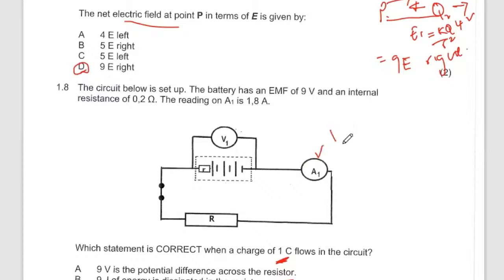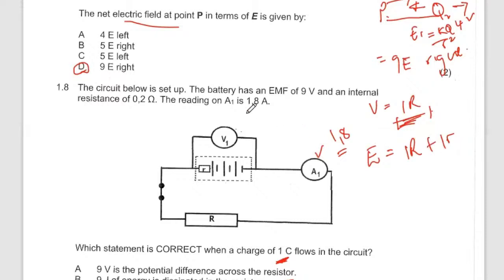So if the current is 1.8, but we know this EMF is I R plus I small r.